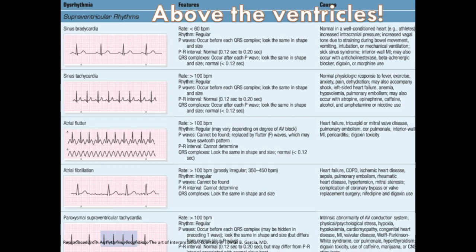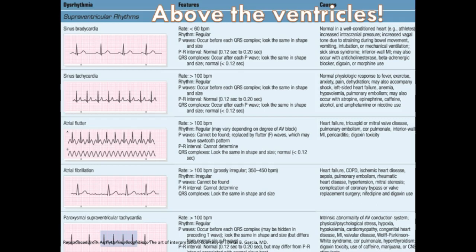So your book has this broken down into supraventricular rhythms, which are going to be things that will happen above the ventricles. So in the atria, or just at the juncture of the atrioventricular openings, okay, or boundaries. So supraventricular.